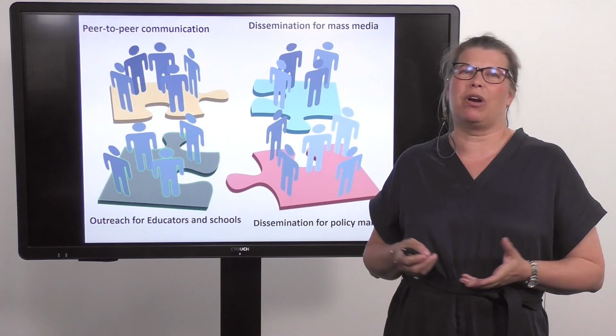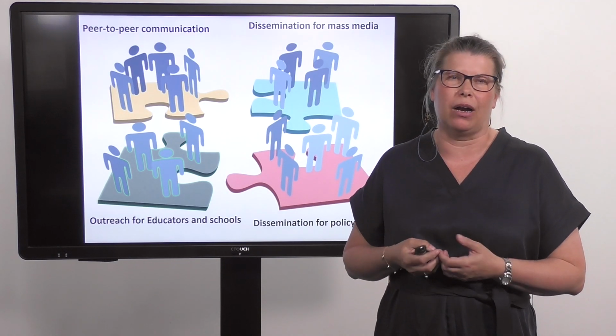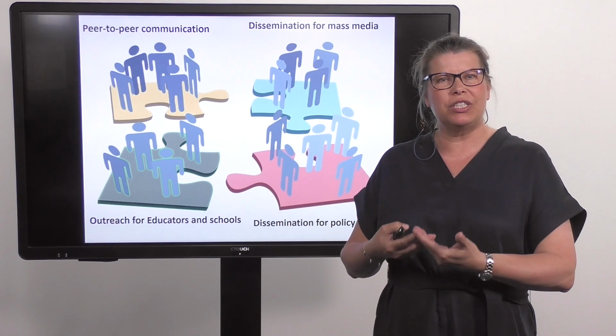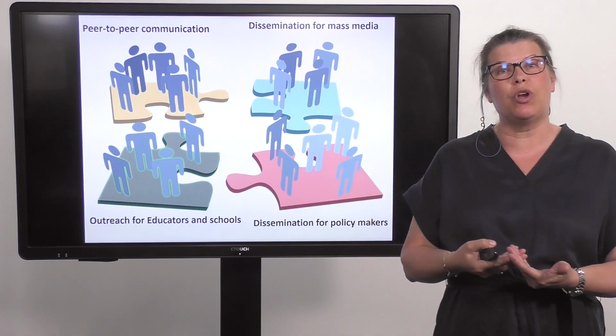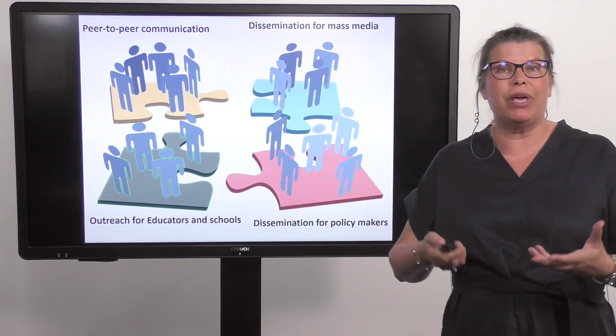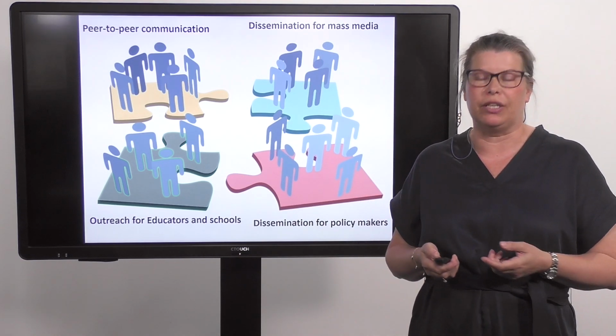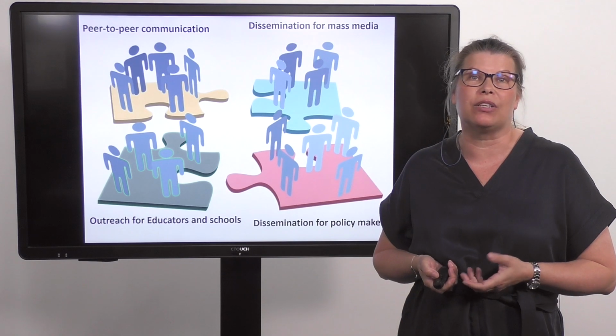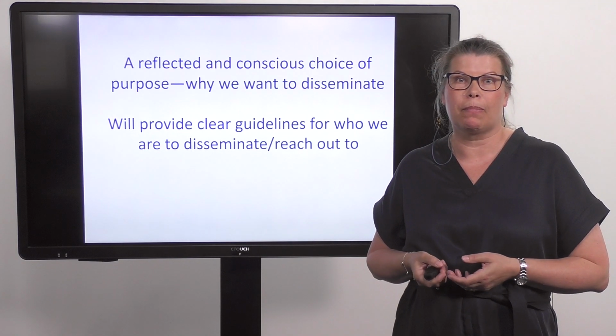But then we also want our research to count, to matter. We want politicians and society to use knowledge, that a lot of the decisions in society we make today should be based on research and new knowledge. So dissemination to policymakers is also very important.